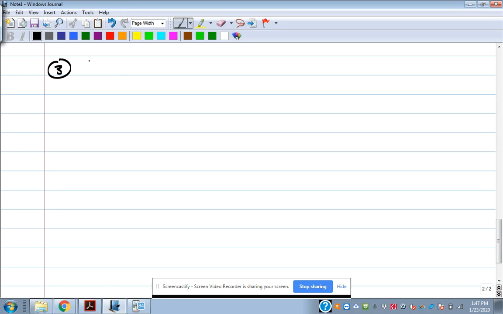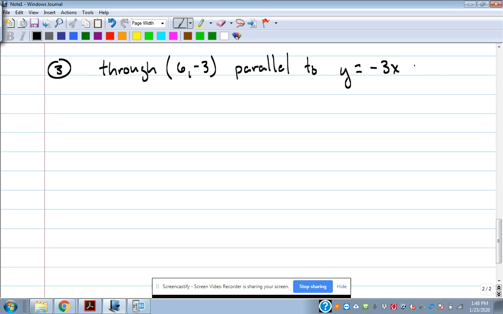Third. It goes through the point 6, -3, and it's parallel to y equals -3x plus 18.